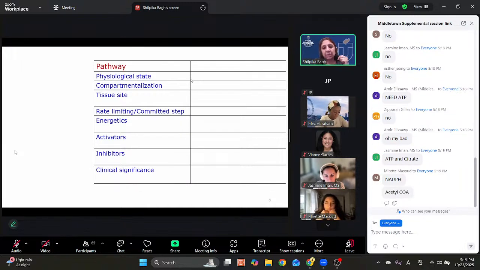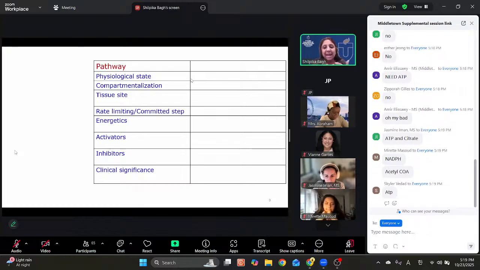Are you missing one which is very important? You need acetyl-CoA, because NADPH is the source of hydrogen, acetyl-CoA the source of carbon. Are you missing something? ATP. Please know you cannot do any genesis without ATP. So if you think about fatty acid synthesis, you need high insulin, high ATP, high NADPH, and high acetyl-CoA.